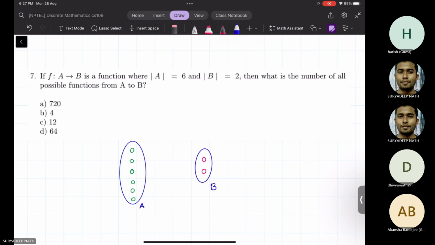So what do you think? Okay, so how will we go ahead with this?